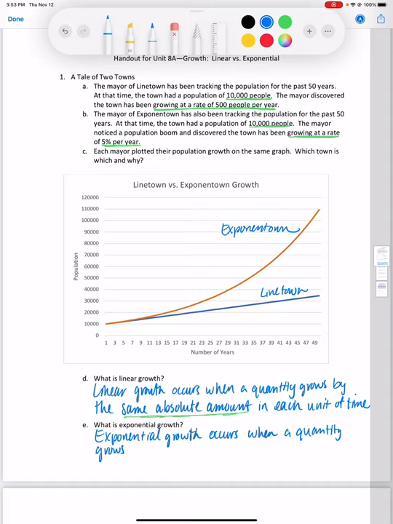Meaning by the same percentage or proportion in each unit of time.